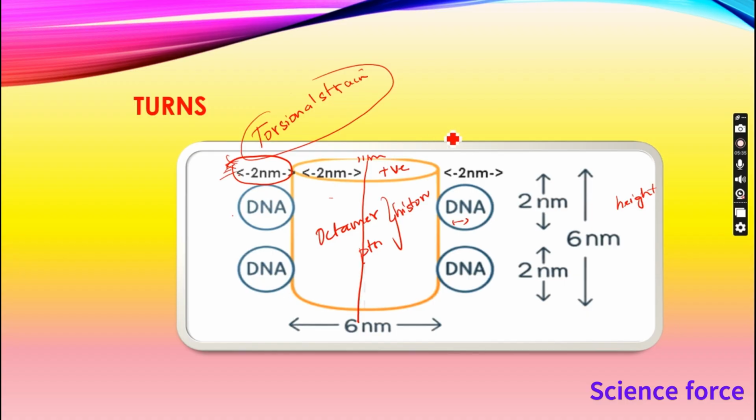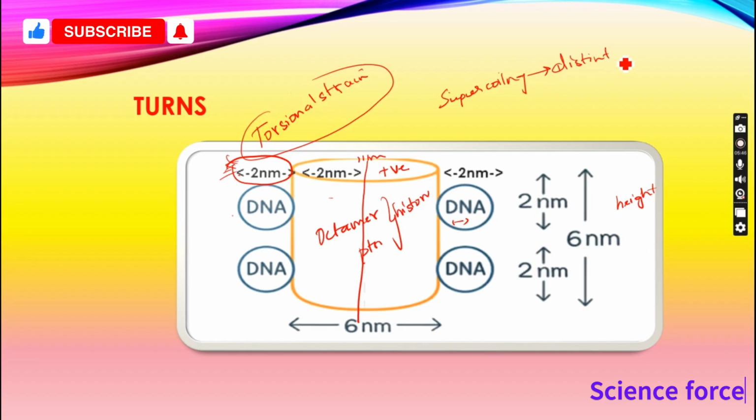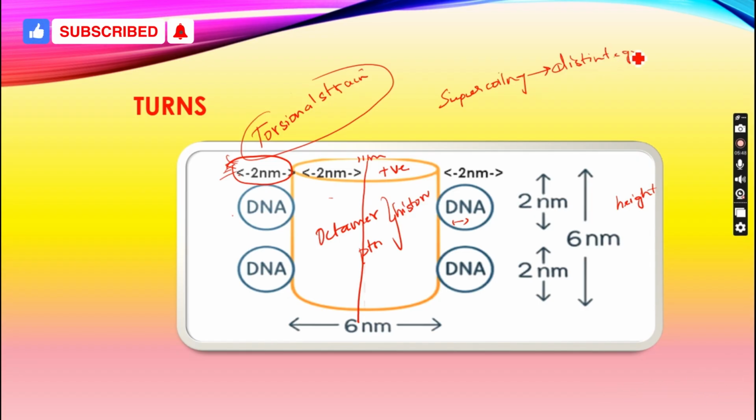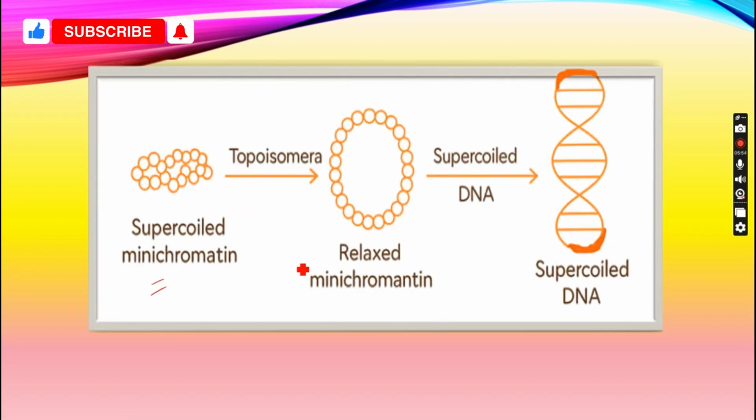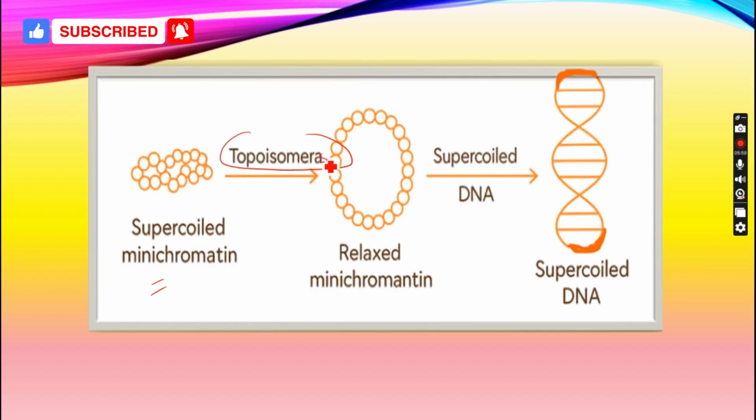Without the histone proteins, it may undergo supercoiling and disintegrate. The supercoiled mini chromosome can also be relaxed by the topoisomerase enzyme.